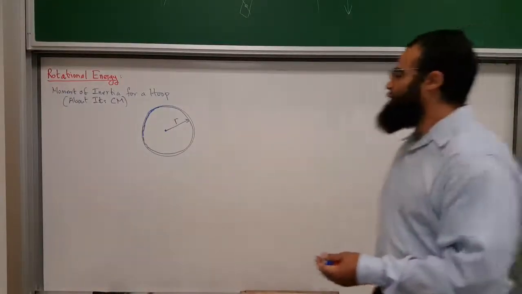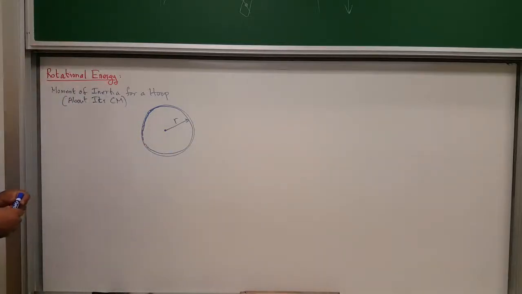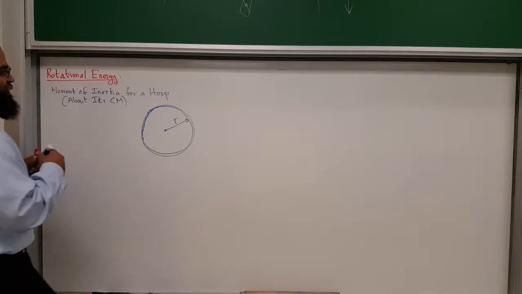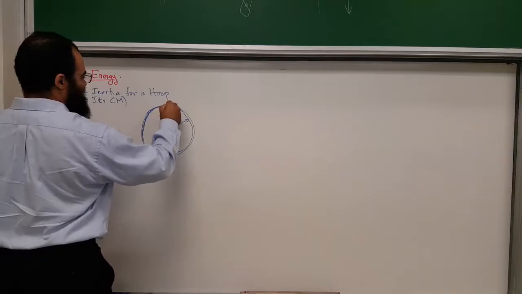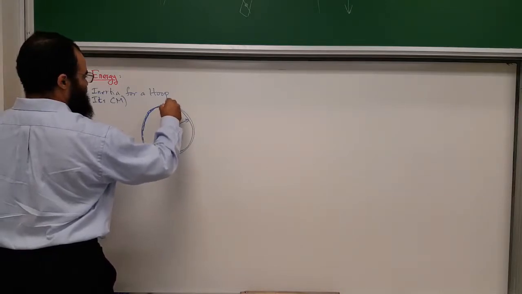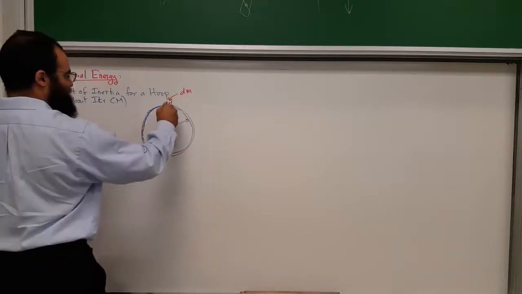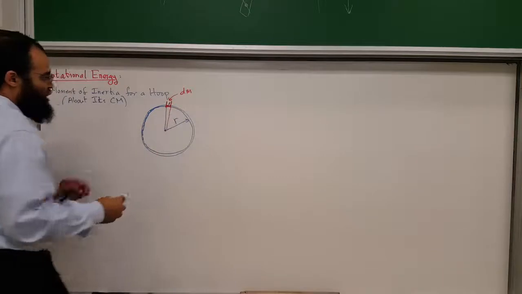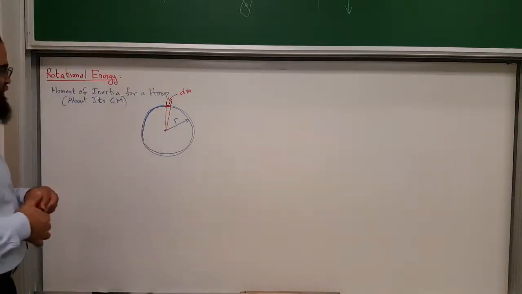Well, let's say the hoop has a radius r. All the mass is located at the radius r from the center. So here is a mass dm. How much mass is contained there? Well, first of all, the hoop has length 2 pi r.